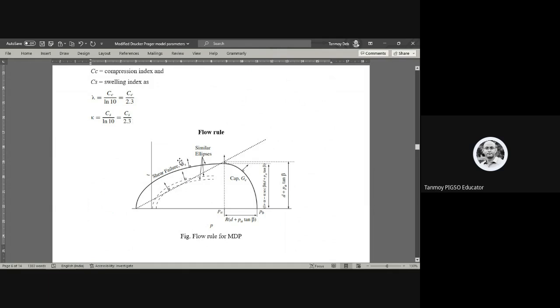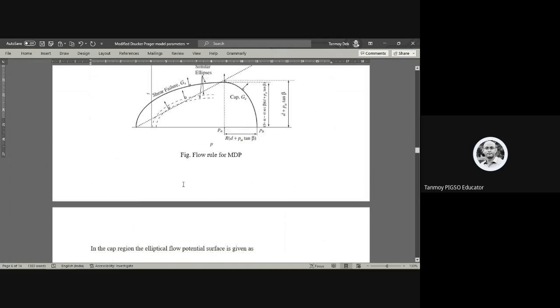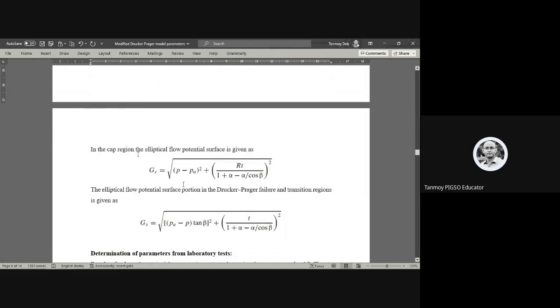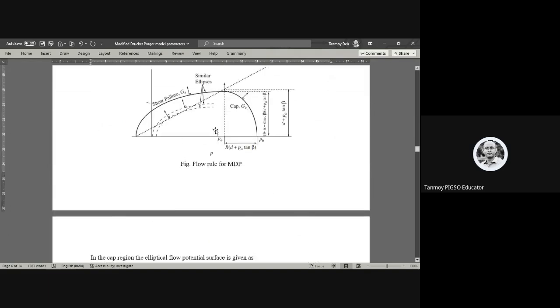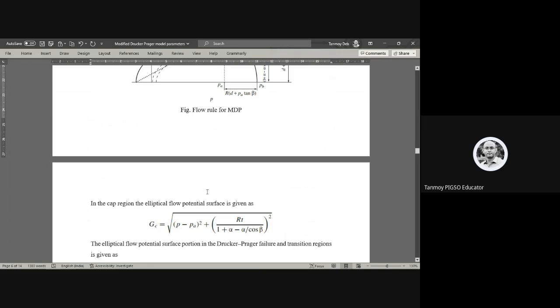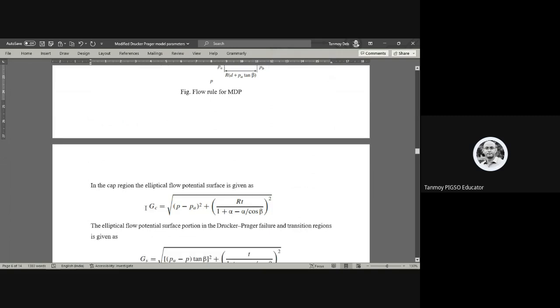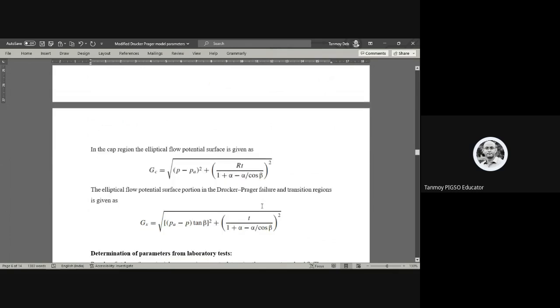So this is the direction where the shear failure surface is expanding. So when it expands, the flow potential function for the cap is given by this parameter, P minus Pa, R T, one minus this term.